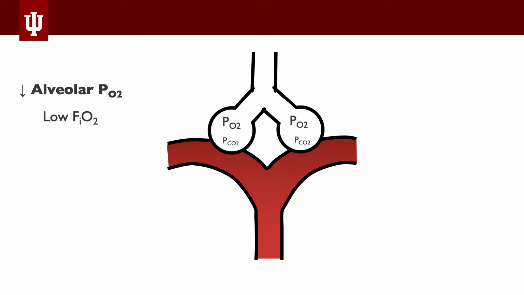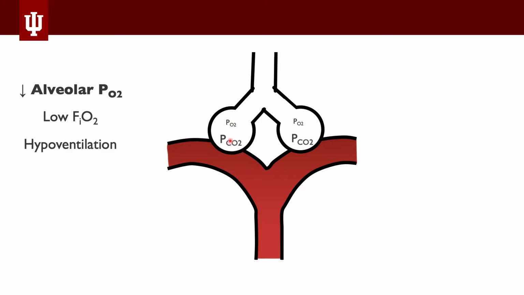But there is one other way that we can have a low alveolar PO2, and we discussed it in the last lecture, and that is hypoventilation. So if a patient is hypoventilating, which means they are holding on to excess carbon dioxide, that carbon dioxide will diffuse into the alveolar space. Now, this is a relatively fixed space, and when one gas goes up, another gas has to go down.